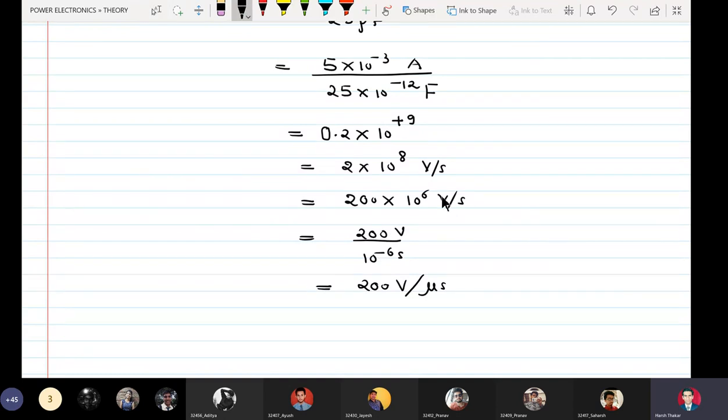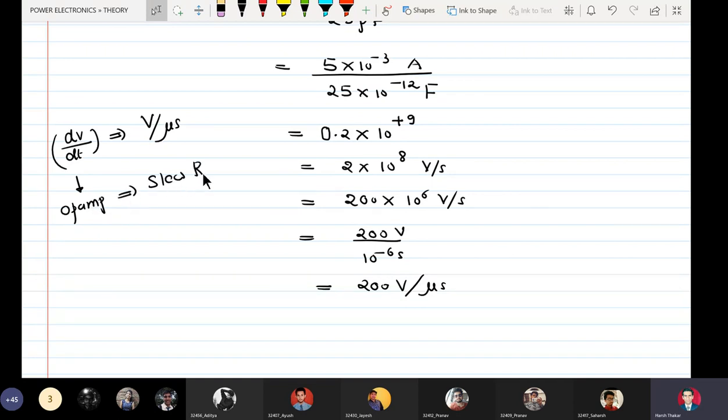So ultimately it becomes volt per microsecond. So please note that usually dV by dt rating is high, so it is always given in volt per microsecond. Actually, if you remember op-amp, the same thing is called slew rate. So slew rate and dV by dt rating have the same unit, volt per microsecond.